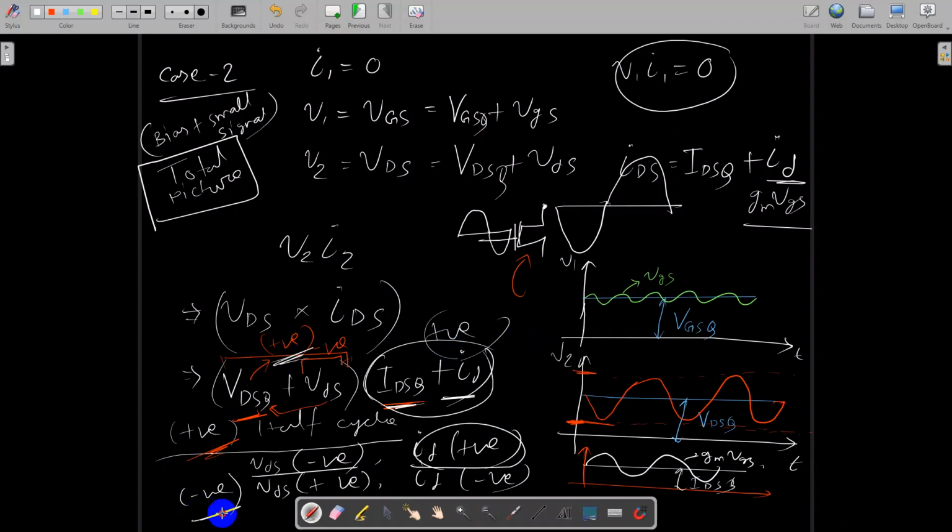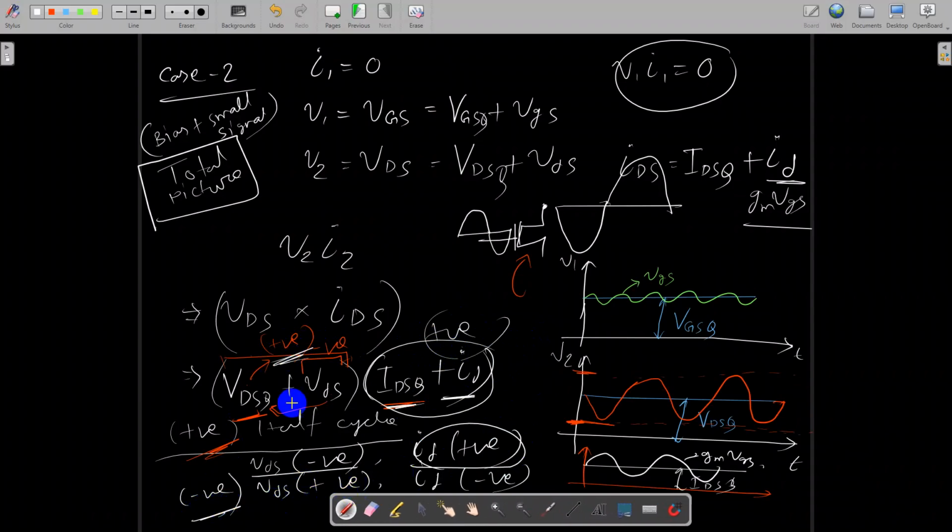So if you go for the negative thing, this VDS is positive. Okay, so this is positive. Now, what about this thing? ID can't go negative or cross this zero axis. If it crosses, then the MOSFET is off. It is in the cutoff region.